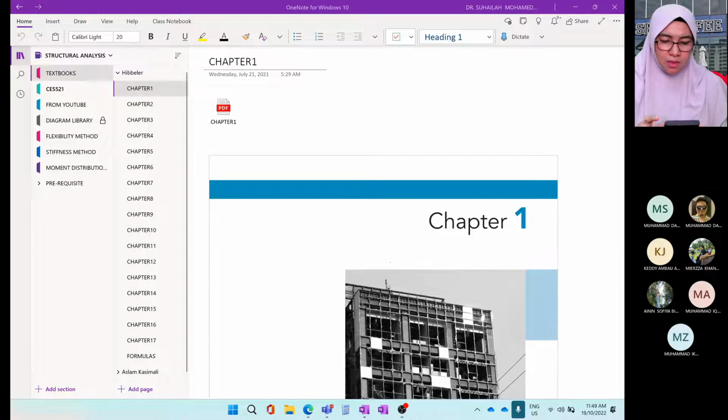So dia macam ni lah. Sekejap saya tunjuk. Semua orang dah memang install ke OneNote kat phone?